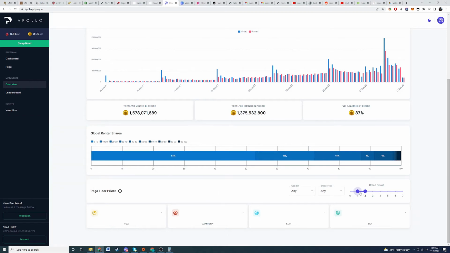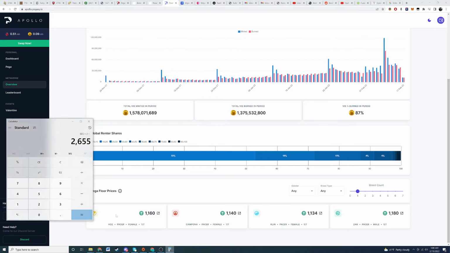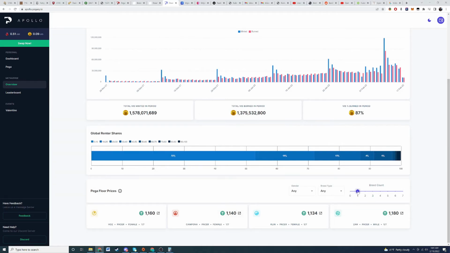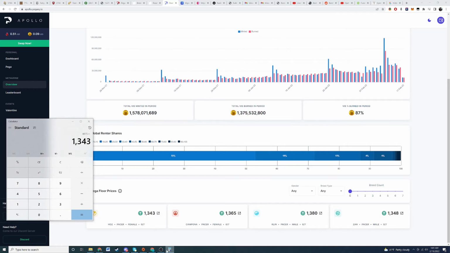If we look at the 1 breed counts, which are going to be slightly more valuable, $1,160 right now, so plus $1,160 twice. That puts me up to almost $5,000 exactly in Pega value. And then we have our singular virgin, which is $1,343.